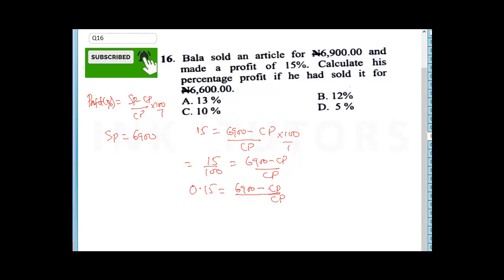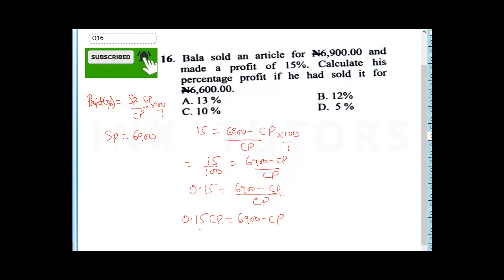Okay, now at this point we can cross multiply, which will give us 0.15 CP is equal to 69 minus CP. So at this point we can collect like terms.